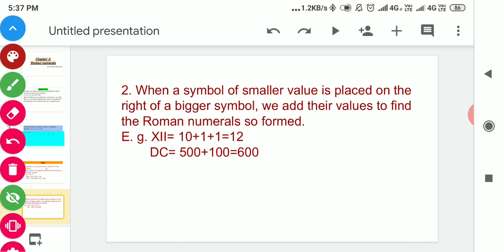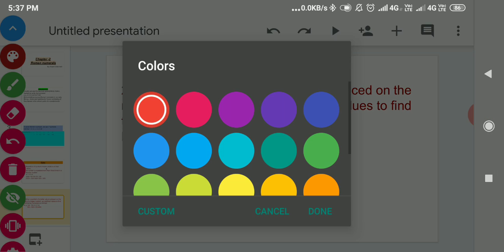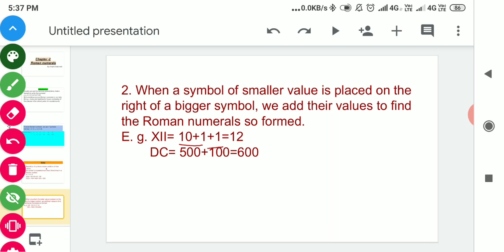Here X means 10, I means 1, and again I is given 1. So according to this rule 2, we will do addition here, because these symbols are given in descending order. So after addition the answer will come 12.